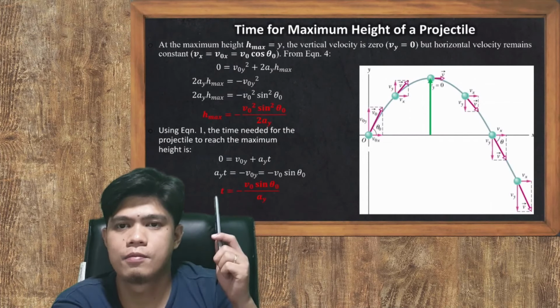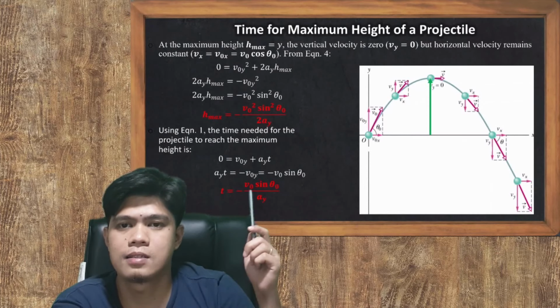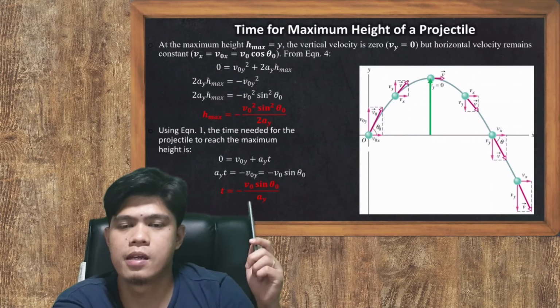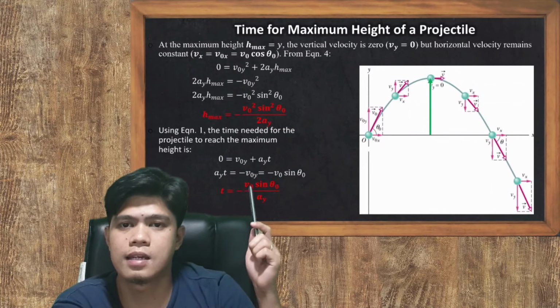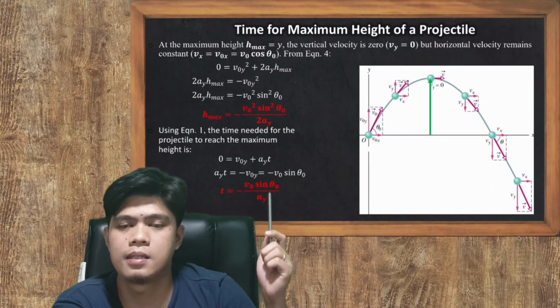The time to reach the maximum height is equal to negative v naught sine theta over ay, or t is equal to v naught sine theta over gravity.